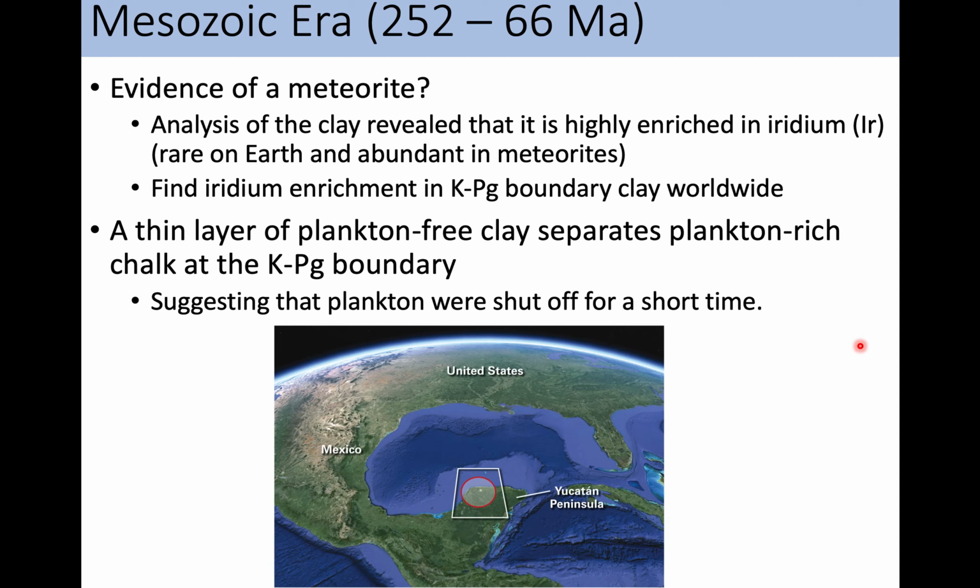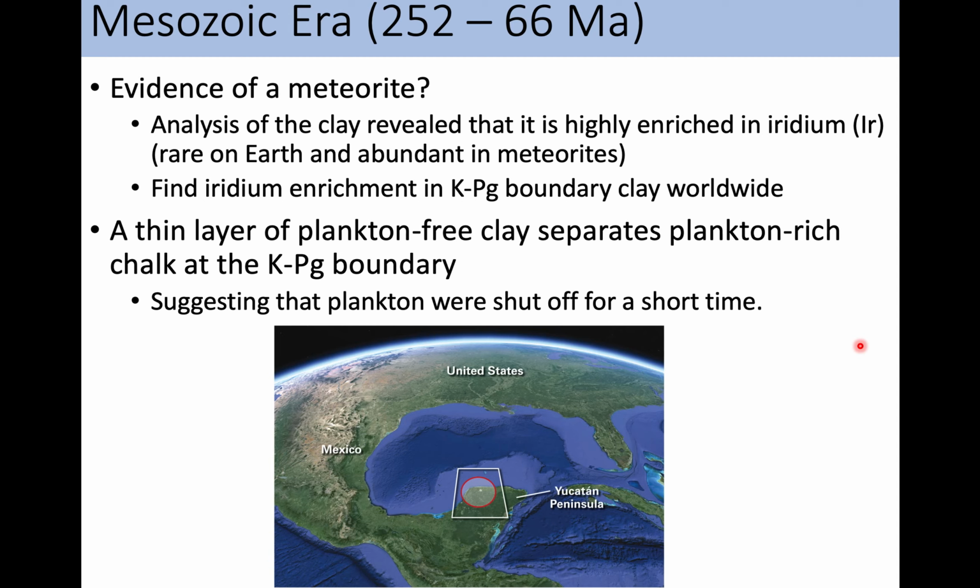And then we also see evidence of that shutdown of photosynthesis, where we know that sunlight was shut off to Earth, because there's a layer of clay, or one of our beds of sedimentary rock, that has no plankton in it. So there's no life going on in the ocean because there's no plankton.